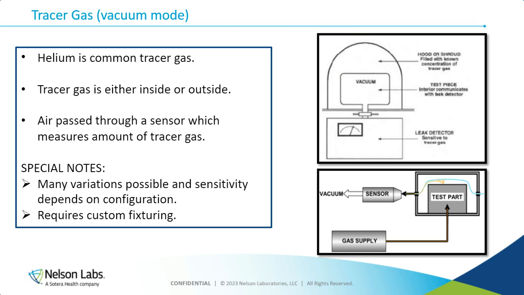Then this one is the tracer gas. This time it's vacuum mode, which moves it from being a probabilistic to a deterministic method. Usually a tracer gas is helium. That's because helium is in relatively low concentrations in the atmosphere, and so it works really well in this type of application. But you could use a different tracer gas as well.